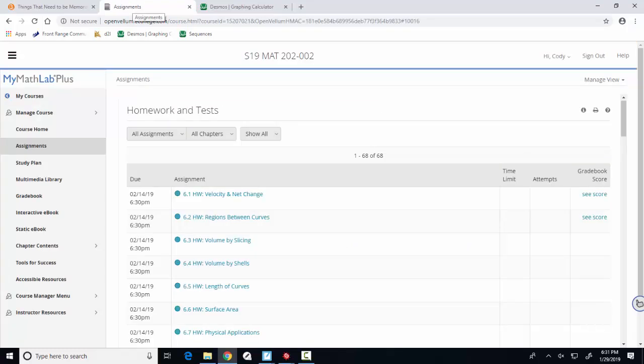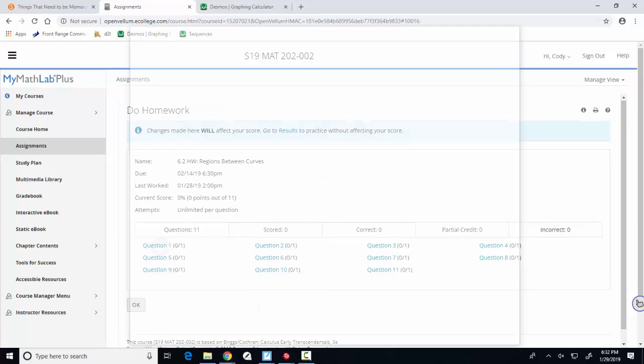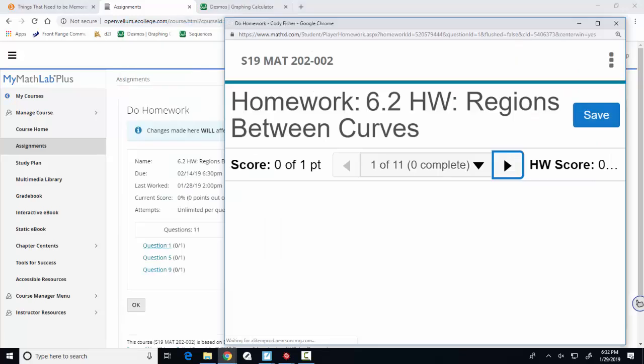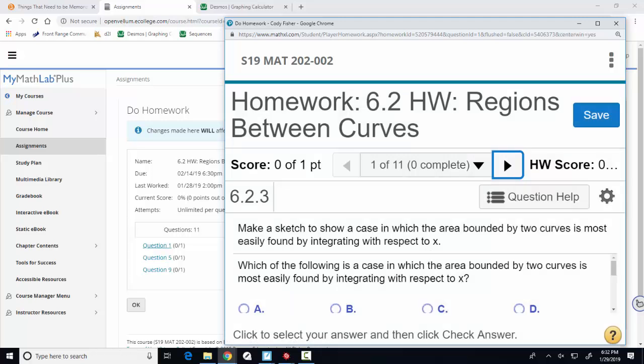The homework in MyMathLab: if you've done any of it, some of the problems have a -T next to the problem number. Not the official problem number, but remember this number here is 6.2, similar to question 3 in the textbook.